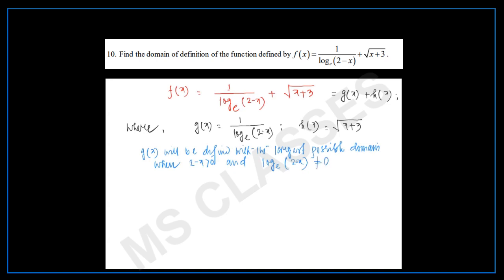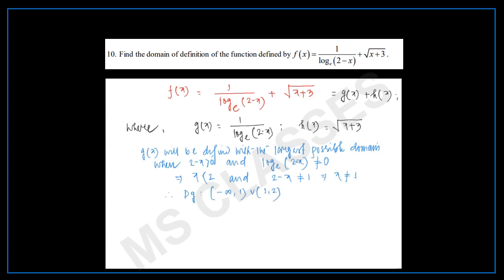Now, this gives us what? x less than 2, and 2 minus x not equal to 1. This implies x not equal to 1. Therefore, the domain of g is minus infinity to 1, union 1 to 2.